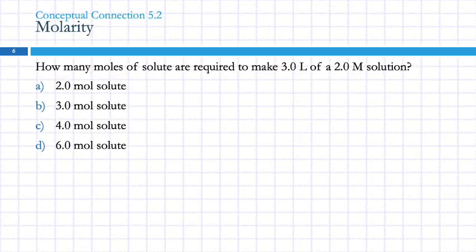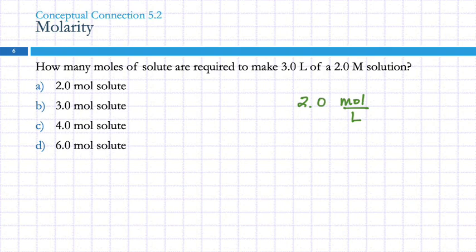Okay, how many moles of solute would be needed to make 3 liters of a 2 molar solution? So this capital M is an abbreviation for moles per liter. So that's 2.0 moles per liter.